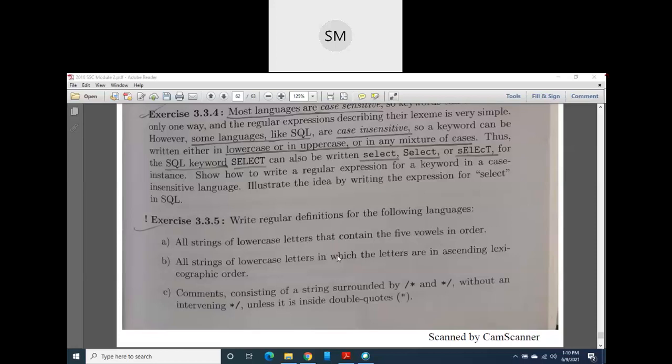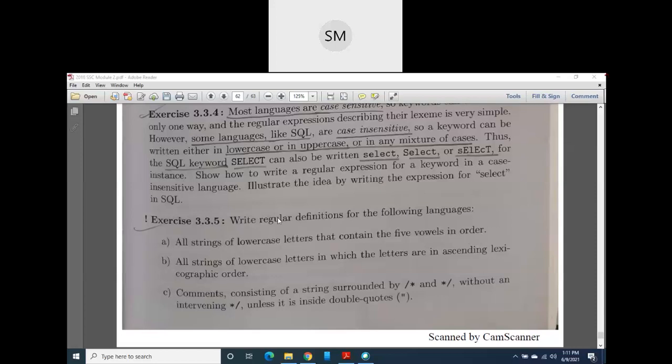It means you take any string in which all characters are lowercase and contain the 5 vowels in order. In order means what? A, E, I, O, U. So these A, E, I, O, U should be covered in those strings.